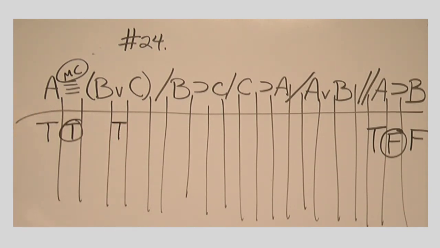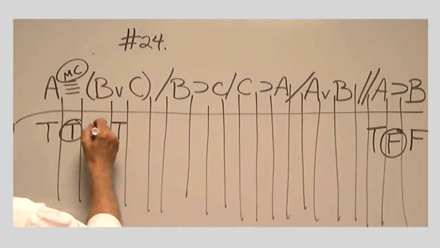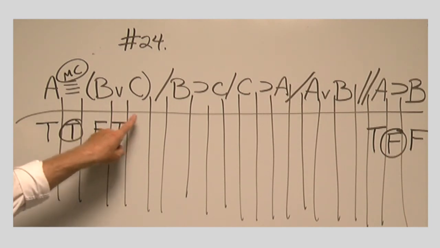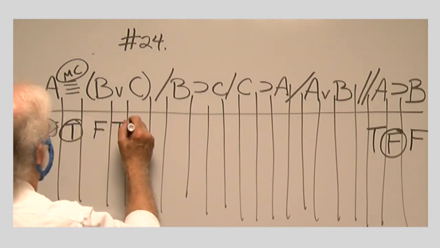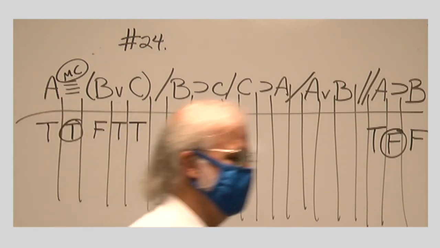That would be the wedge. So we'll mark the wedge as true. We know from the conclusion that B is false. But look, if that wedge needs to be true and B is false, that forces C to be true. So we'll make C true, and that will make that entire premise true.